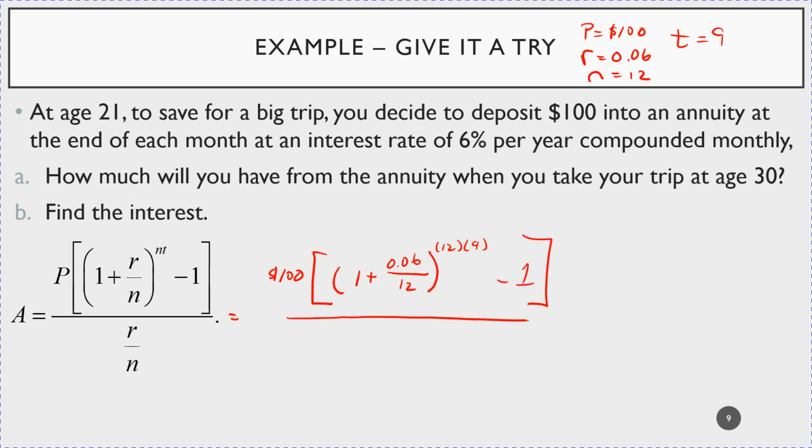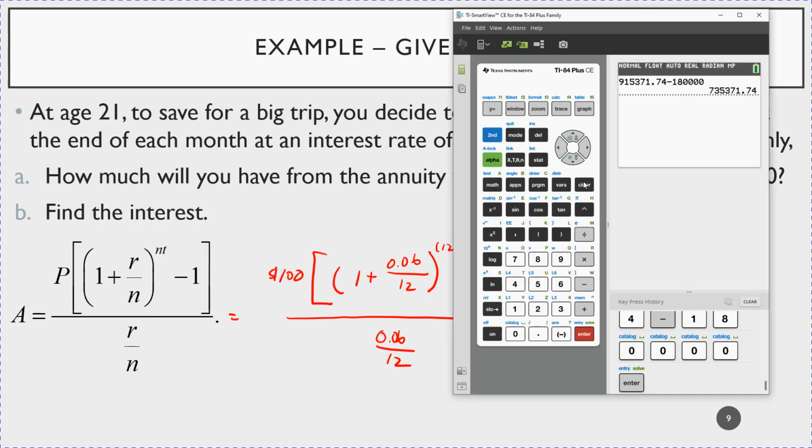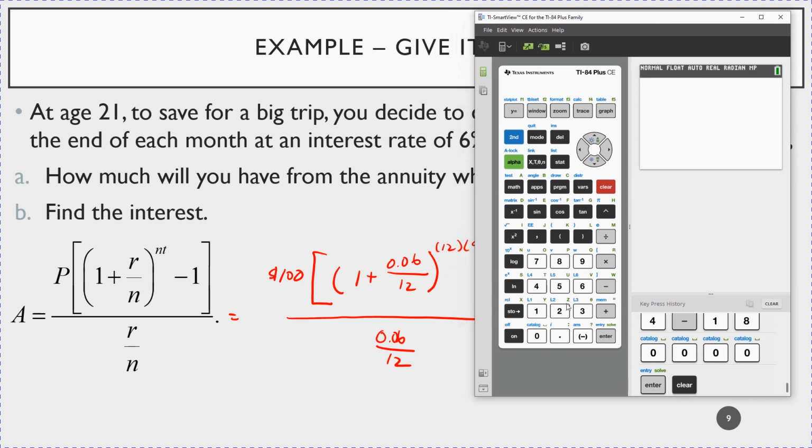And that's all divided by rate divided by n, so 0.06 divided by 12. Hopefully you can see how I'm doing this in the calculator. I'm starting right in the middle and working out, following my order of operations. So I'm going 0.06 divided by 12. Then I'm adding 1.